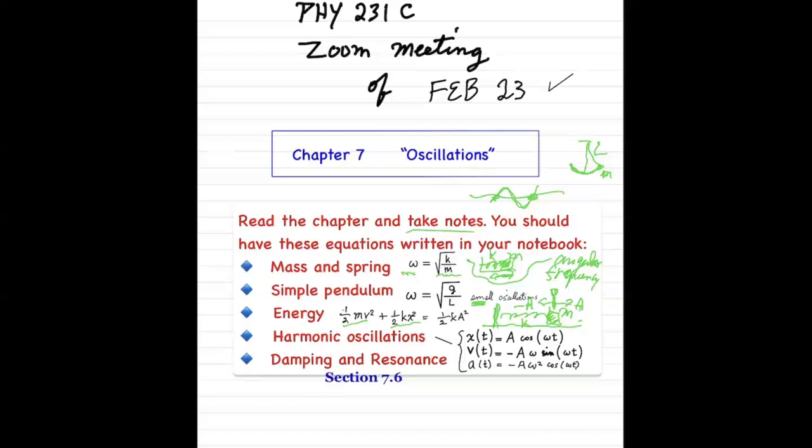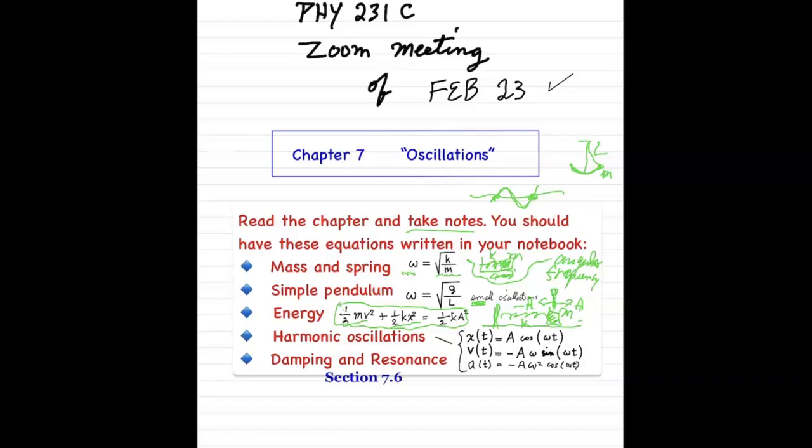So at that particular instant, the velocity is 0. So the kinetic energy at that point is 0. The potential energy is 1/2 kA squared. And that relates v and x for any point in the oscillation. That's a conservation of energy.